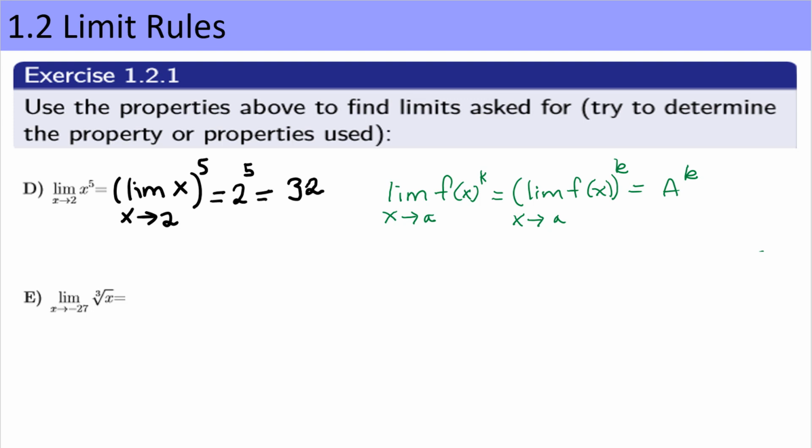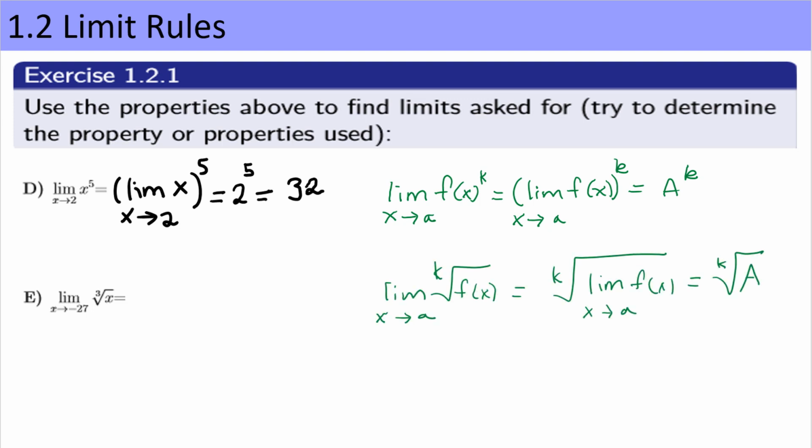So we're going to use the nth root formula. The formula states the limit as x approaches a of the kth root of f of x is, and so we pull out the root and then put the limit property inside, so we would have the limit as x approaches negative 27 of x.